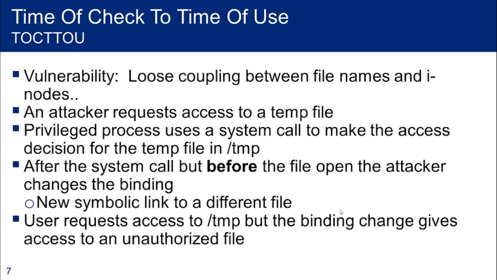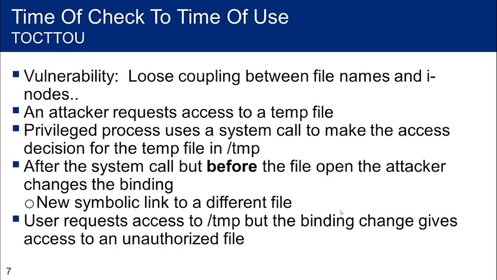However, both functions, access and fopen, operate on file names rather than on file handles. That means there is no guarantee that the file name still refers to the same file on disk when it is passed to fopen as it did when it was passed to the function access.